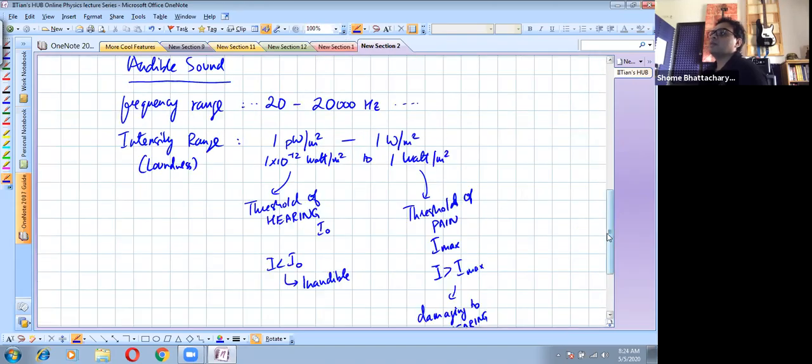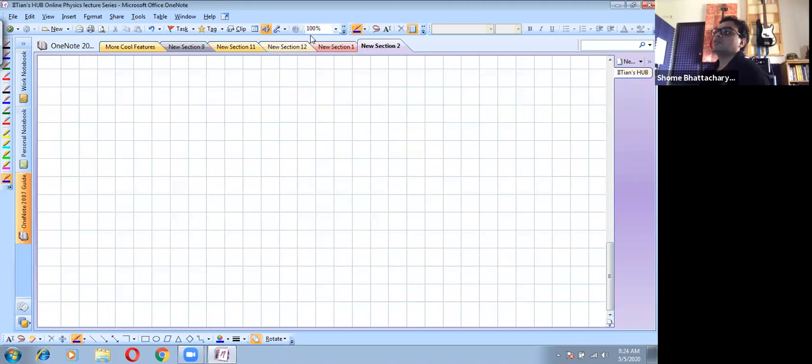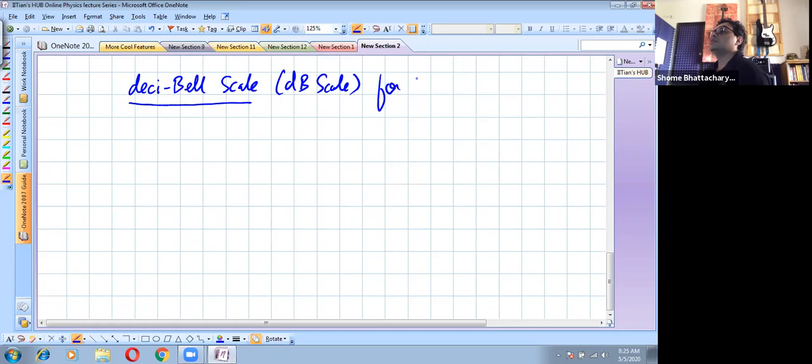Now, because this range of intensity is very large, from 1 picowatt per meter square to 1 watt per meter square, and also because our subjective perception of sound is on a logarithmic scale and not on a decimal scale, we define the decibel scale for intensity.